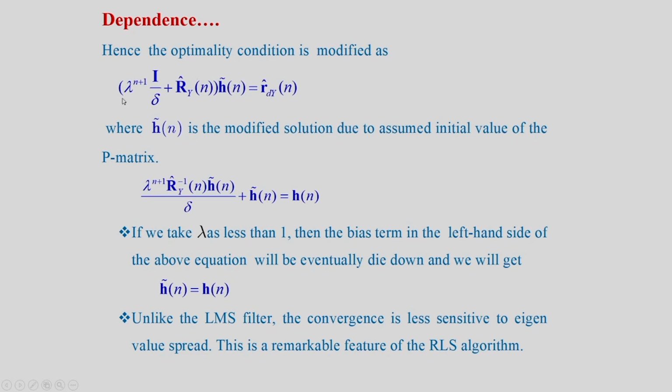So, this is the modification in the left hand side because of the initialization of the P matrix as delta into I. This is the modified normal equation, where H tilde n is the modified solution due to the assumed initial value of the P matrix.